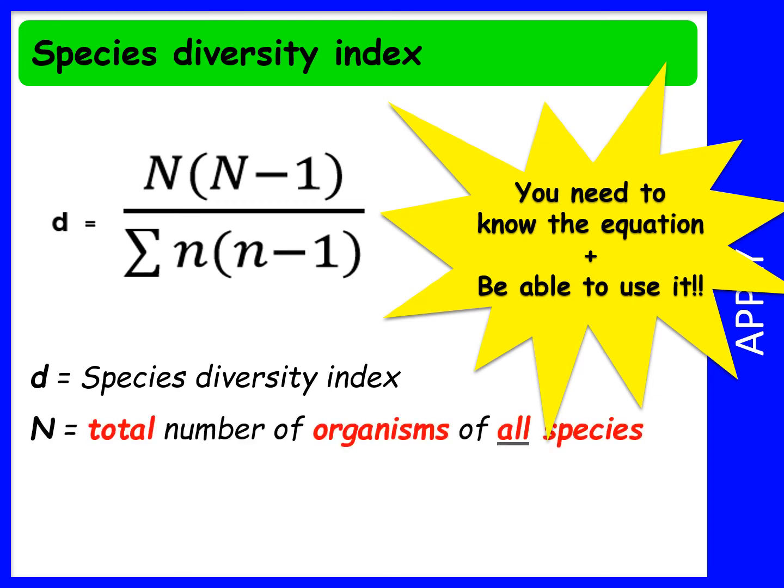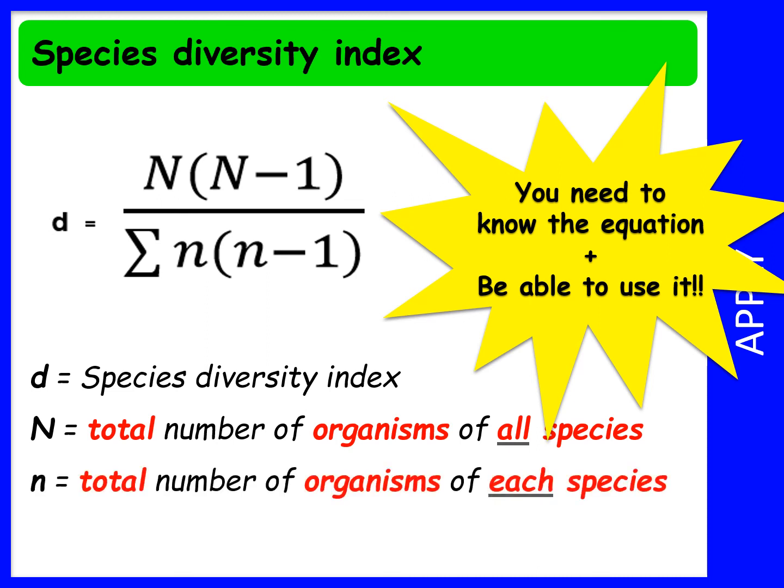The capital N is the total number of organisms for all of the different species in that community, in that area. So if you have 5 different species and you count up the individual numbers in all 5, that will be the total number of organisms. The lowercase n is the total number of organisms for each of the individual species.